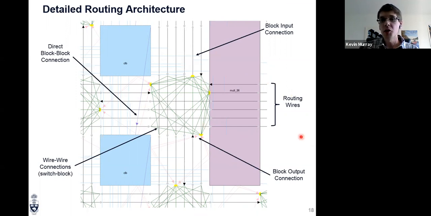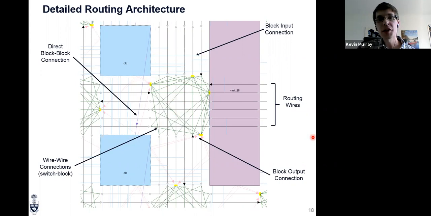You can vary the channel widths, and you can also configure things like the input connection block pattern, so how the block input pins connect to the wires that pass by them, and how the block output pins connect to wires nearby. We can support things like direct connections between adjacent blocks. And we also give the user significant control over how the wires themselves interconnect together, the so-called switch block pattern.